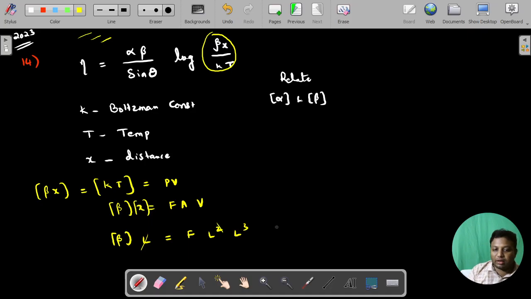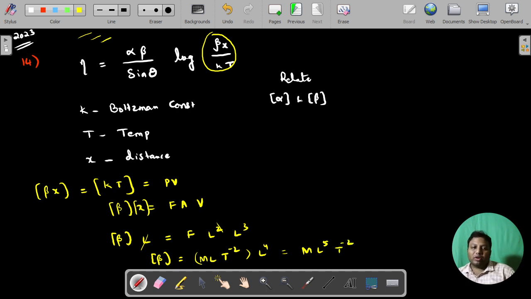So one L we are cancelling out. For beta we got force, which means MLT minus 2, multiplied by L power 4. It is ML power 5 T minus 2. Okay, this is the dimensional formula of beta.